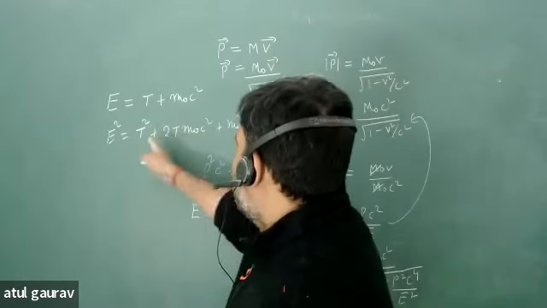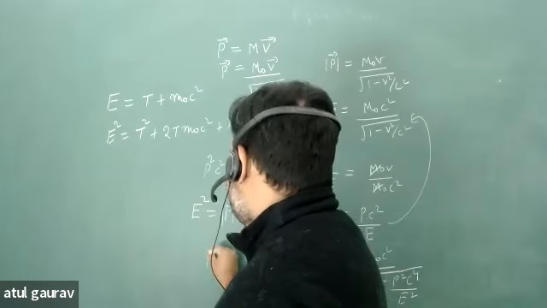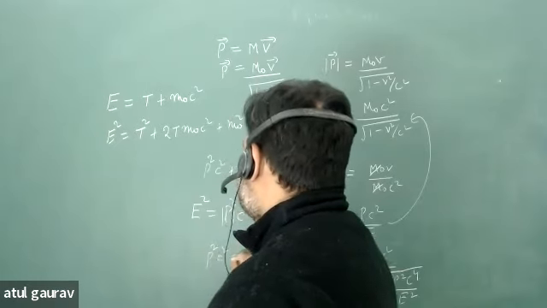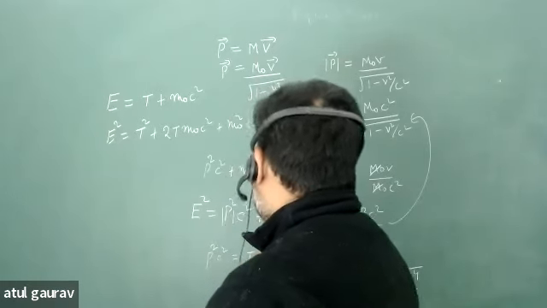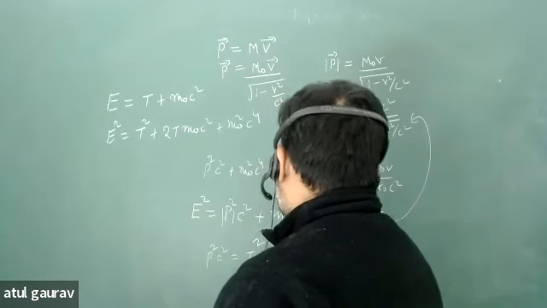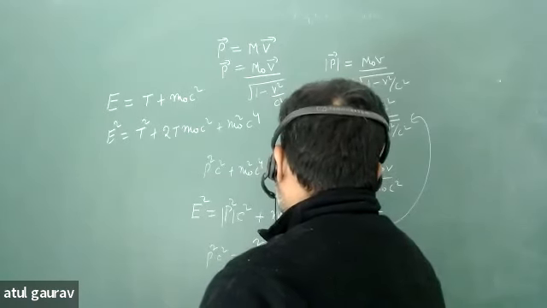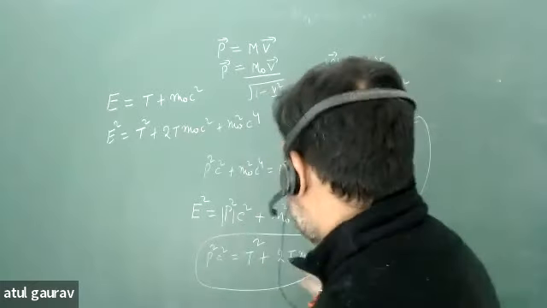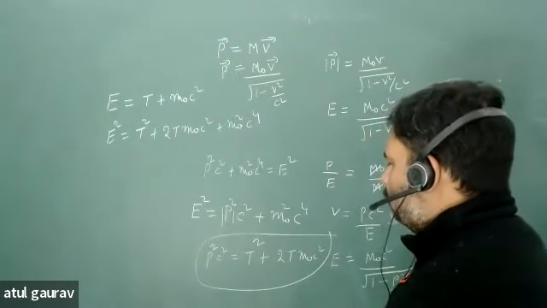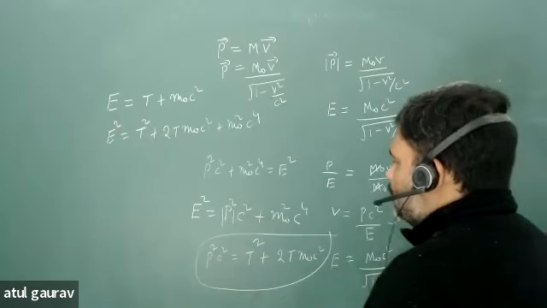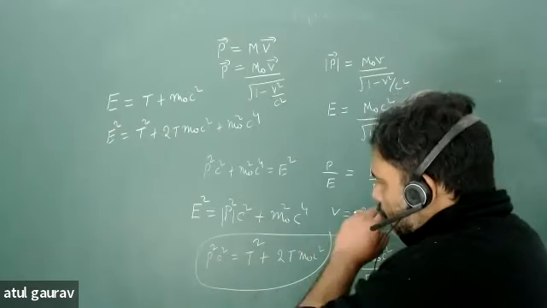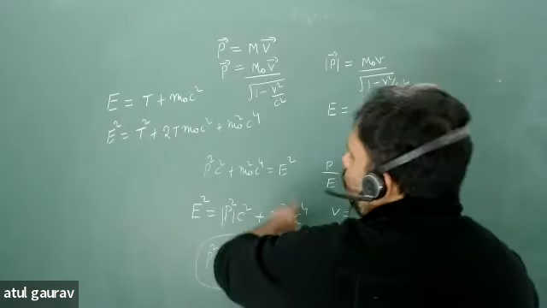So now you can equivalently write this particular thing. P square C square is equivalent to kinetic energy square plus 2 times T and m naught c square. And this has no physical meaning. This is just one mathematical calculation. But now look at this particular thing.